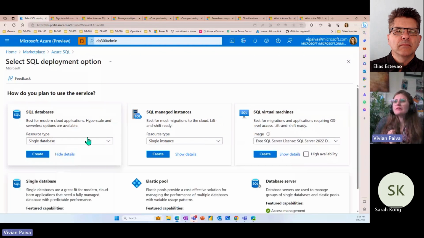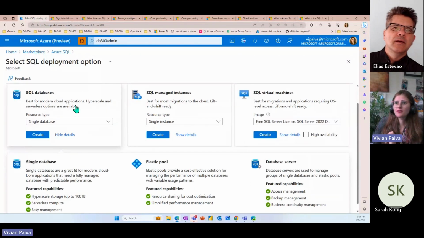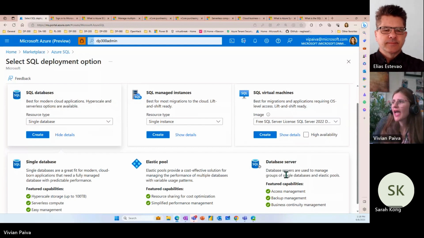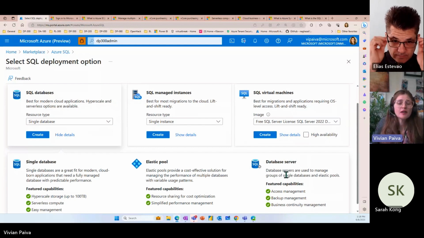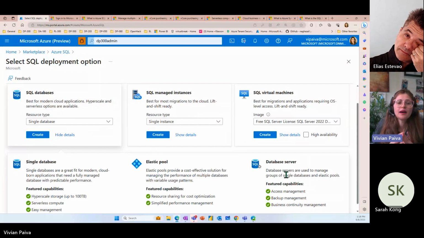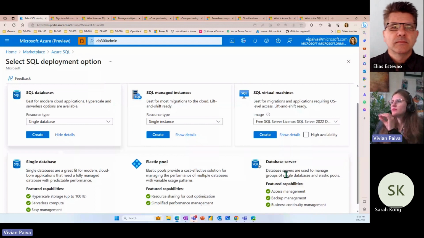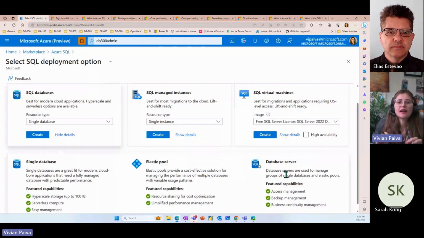Okay. So when we talk about Azure SQL database, the first thing that we need to do is have a database server, or what we call a logical server. What does that mean? That is going to be our endpoint of connection to get our databases. So our database is going to be placed on this database server. We do not provision resources to the logical server.